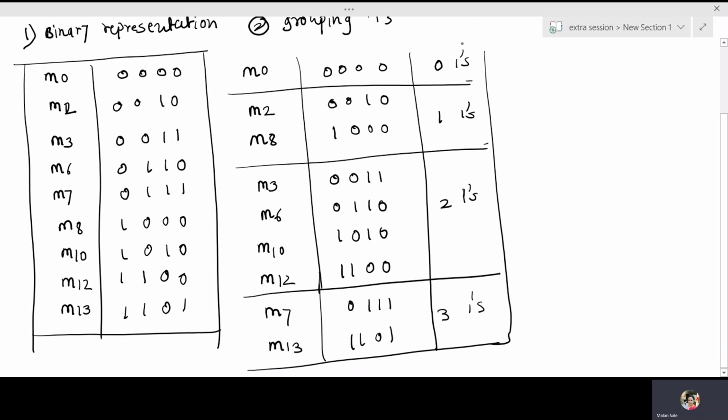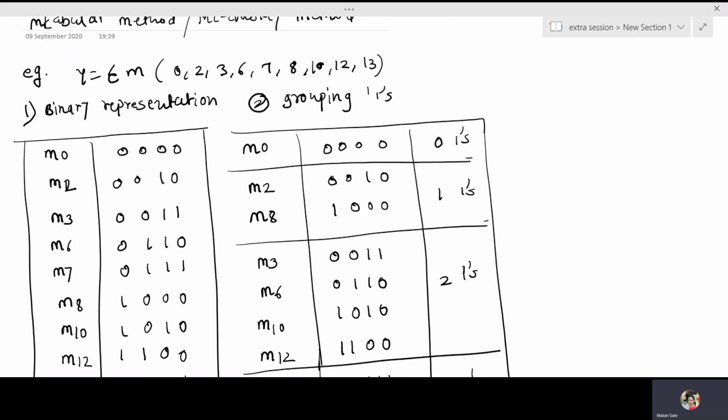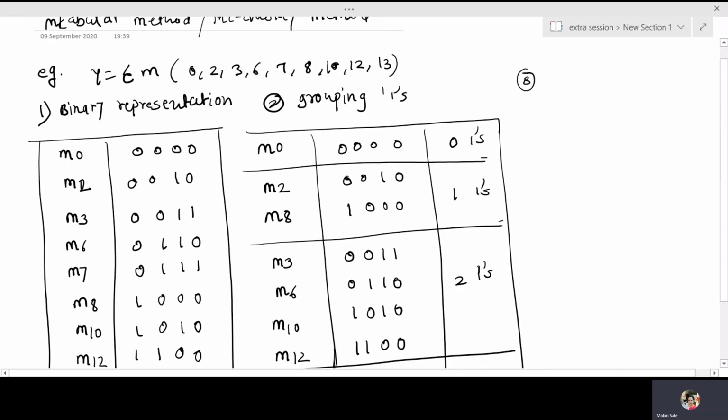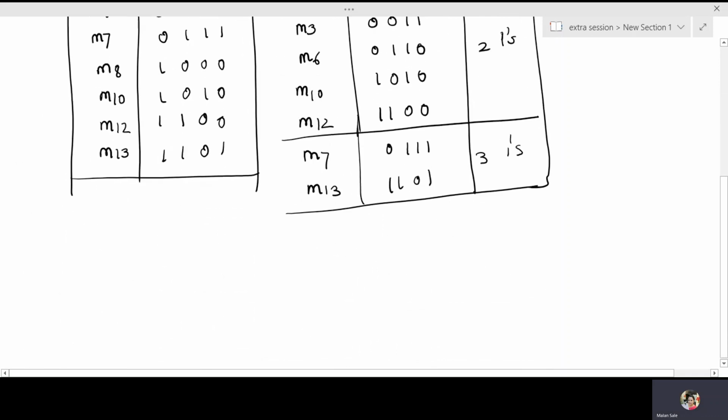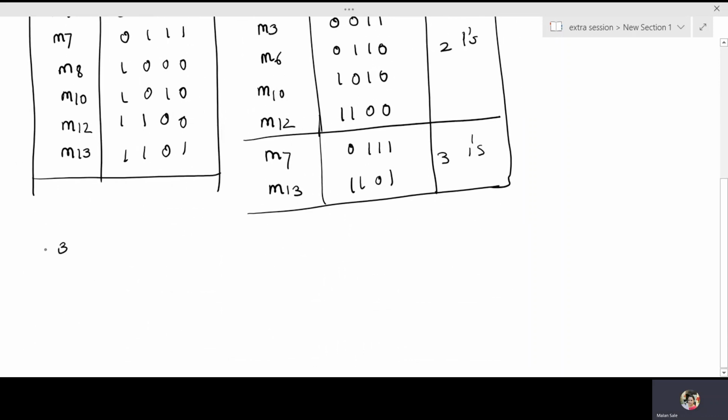After grouping, my third step is to make pairs. Third step: compare and pair.